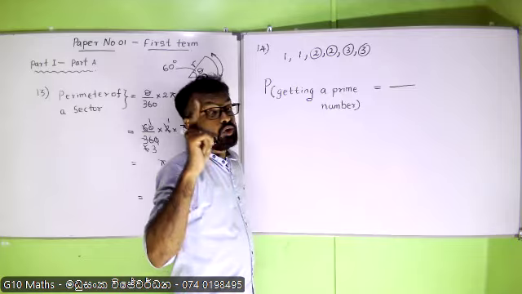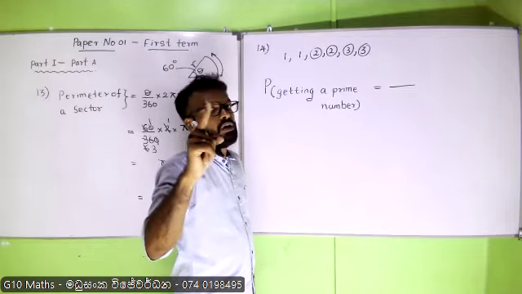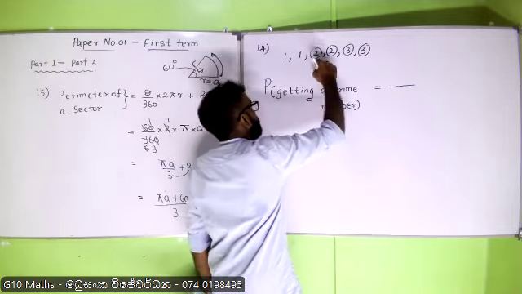In the denominator, you put how many total occurrences there are: 1, 2, 3, 4, 5, 6.